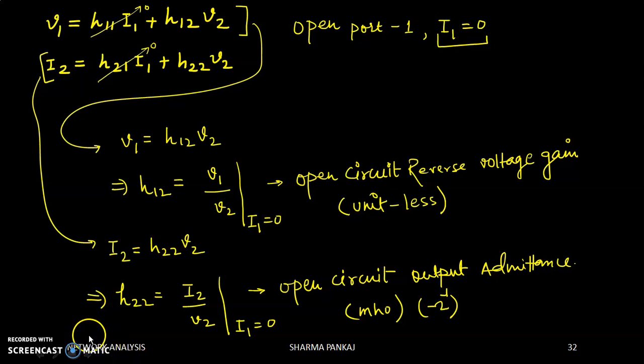We short-circuited port number 2, thereby getting V2 as 0, and then we moved to port number 1 and opened it. By opening port number 1 we got I1 equal to 0, and based on that we calculated the remaining hybrid parameters.